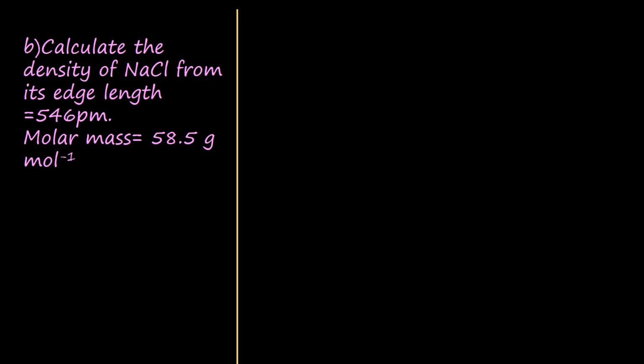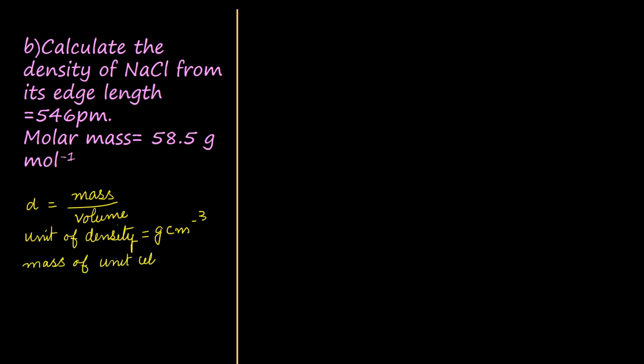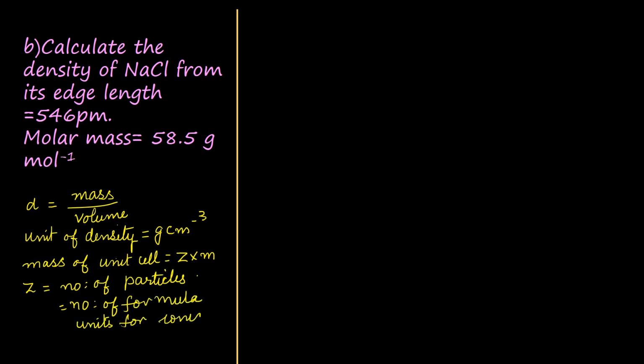You have to calculate density from edge length. This is an ionic compound. Density is equal to mass by volume. Unit of density is equal to gram per centimeter cube. Mass of unit cell is equal to Z into small m, where Z is the number of particles in the unit cell, equal to number of formula units for ionic compounds.